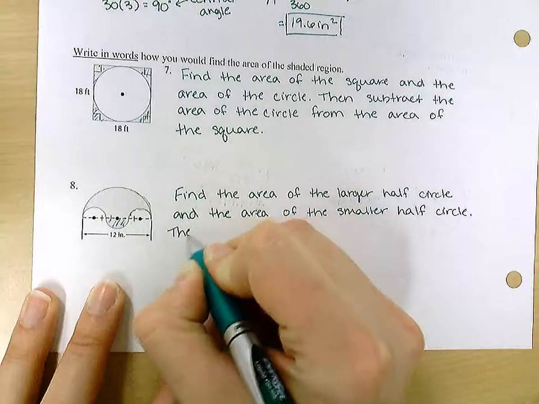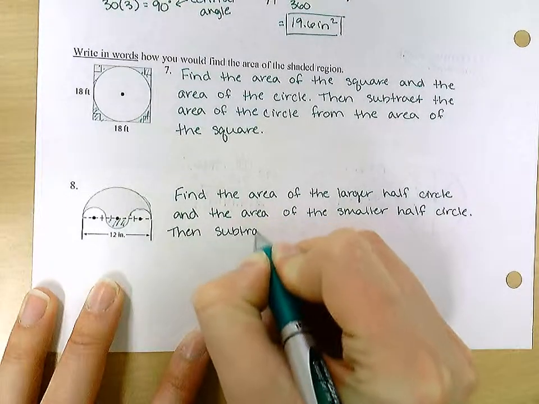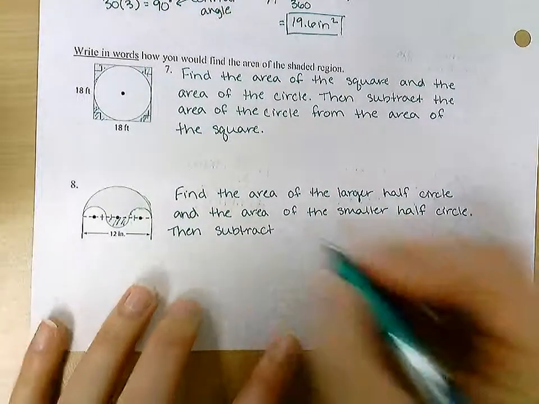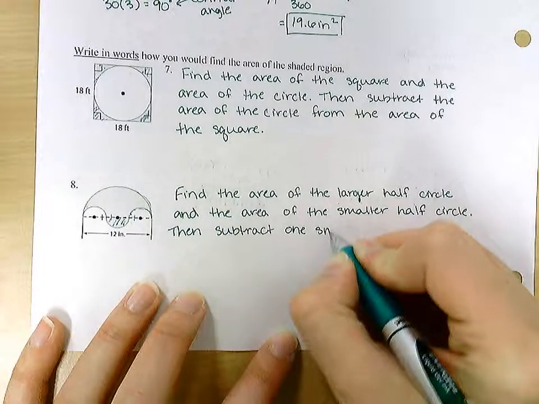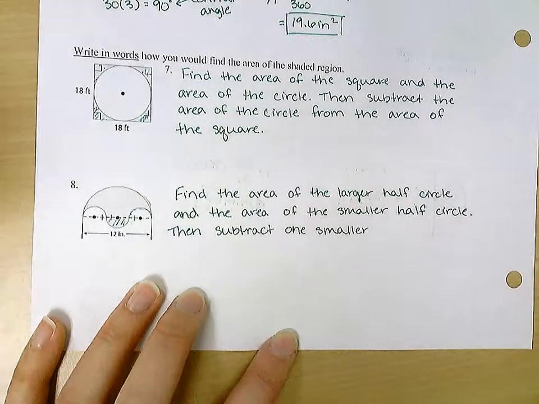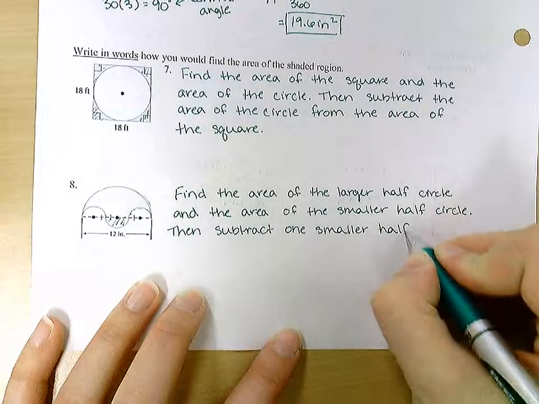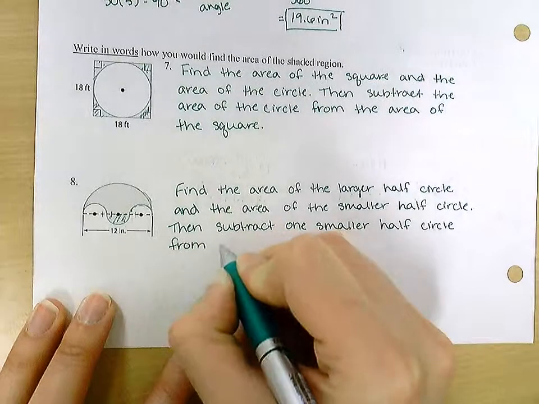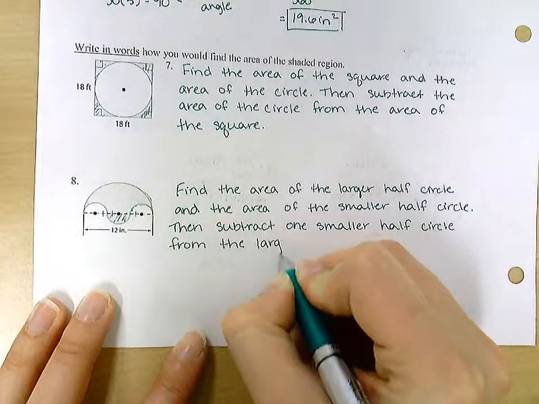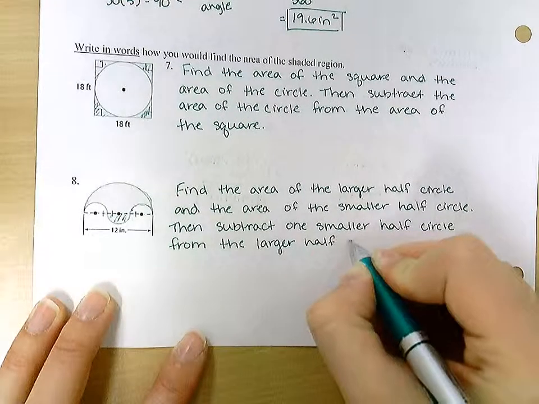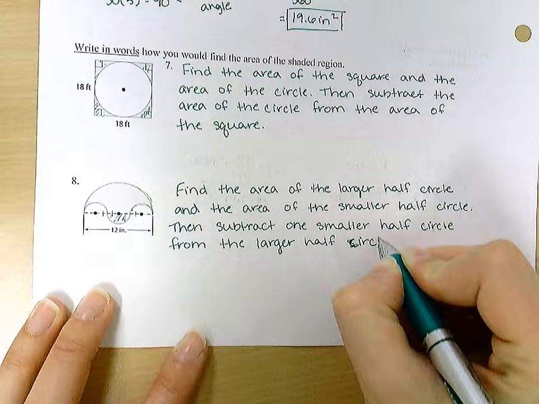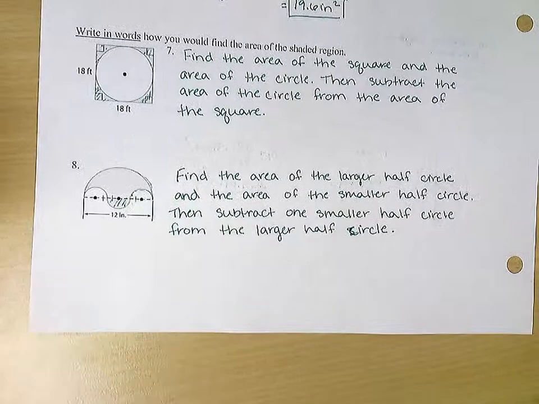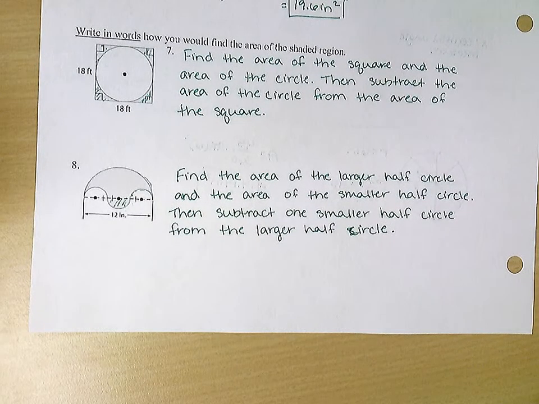Okay, then subtract one smaller half circle from the larger half circle. Okay, questions on those?